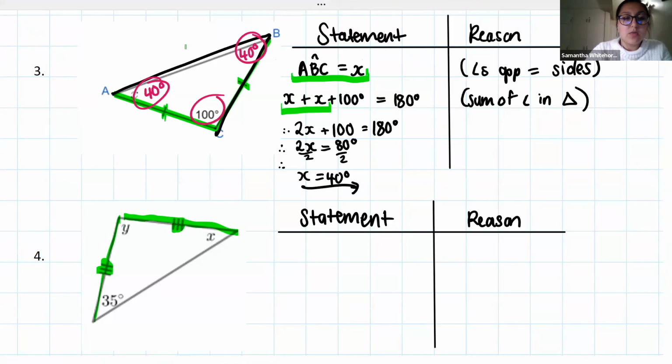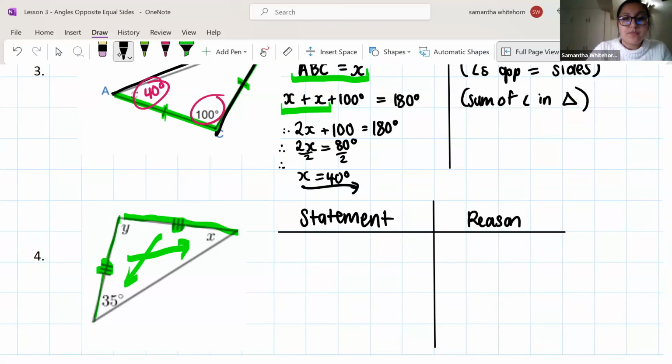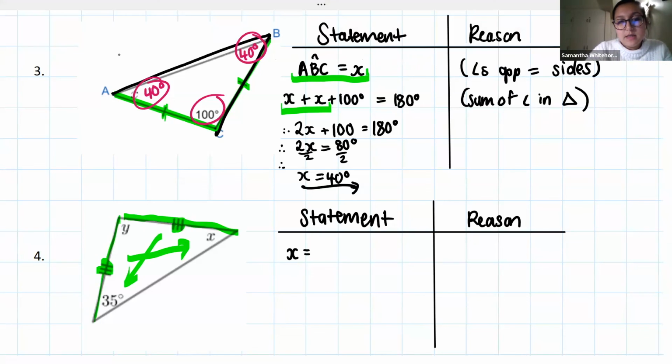You know that those are equal, which means that you know the angles opposite each other are equal. So x is equal to 35 degrees, angles opposite equal sides. And once you have x, and again guys, fill it in on your diagram as you go along because it might help you to work out the rest.